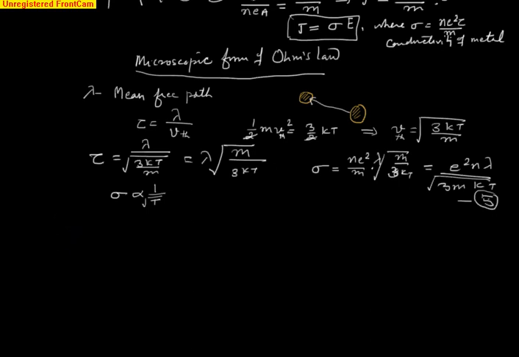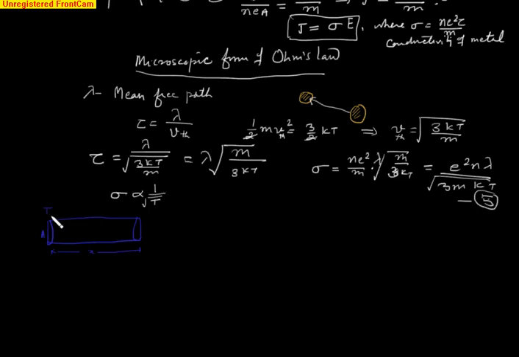Now let us assume a metal of certain dimensions, such that it has area A, and let the two surfaces of the metal be separated by a certain distance x.